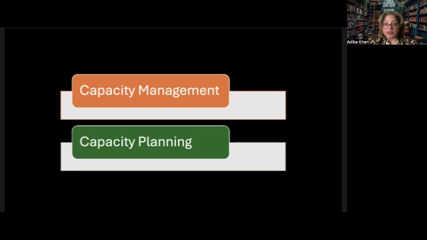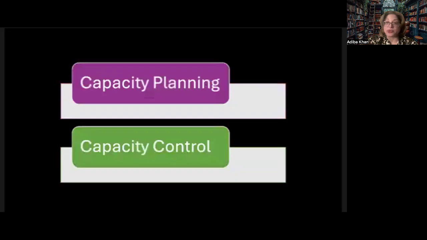Now, capacity planning and control are also used interchangeably at times. So let's distinguish these two terms. As I said before, capacity planning is all about focusing proactively to anticipate that future demand and then adjusting the resource levels to meet it.